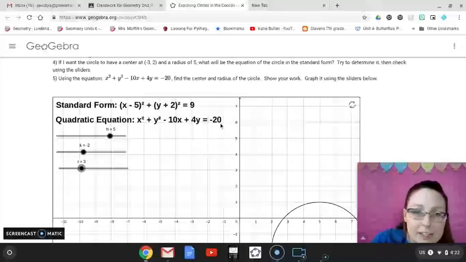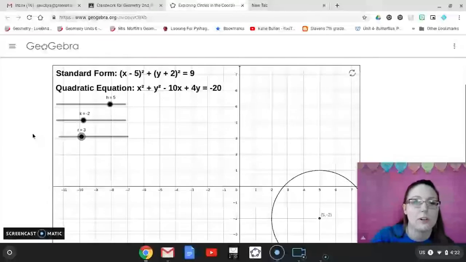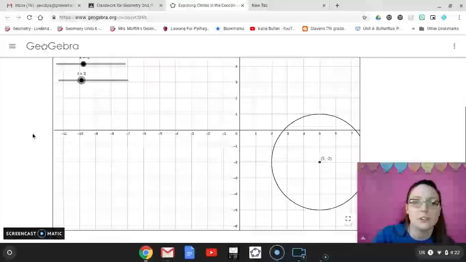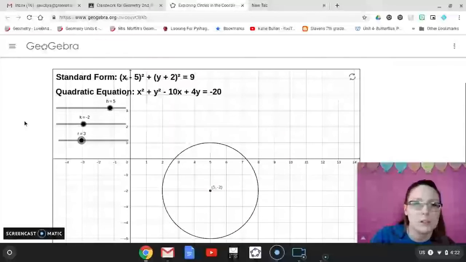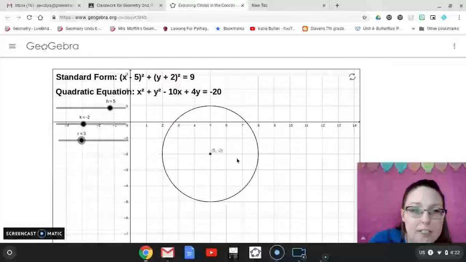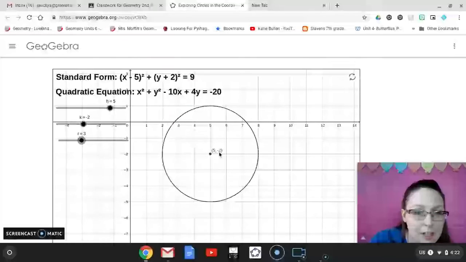All right, and when I get to negative 20, we've got r equals 3. So if I scroll down so you can see what that circle looks like, here's our circle. Okay, we have a circle that is centered at 5, negative 2. H was 5, k was negative 2. And then we have a radius of 1, 2, 3.